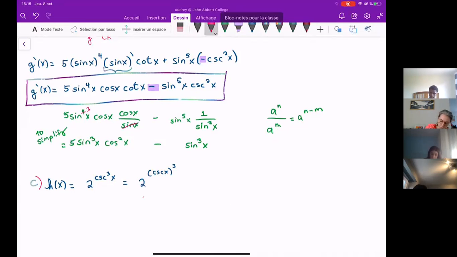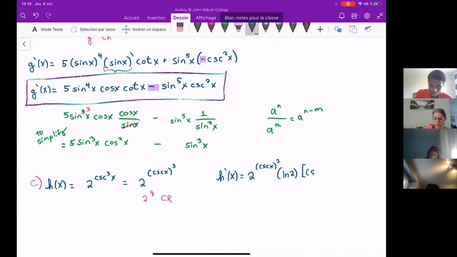This is like 2 to the g, so this is a chain rule. So then h prime of x, I just apply my rule here. So it doesn't change. I rewrite what I have. I throw in a ln 2, but then I need the derivative of my g.